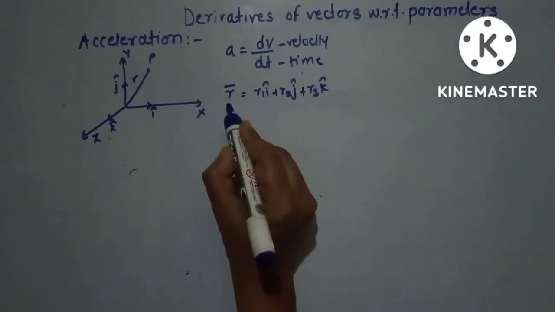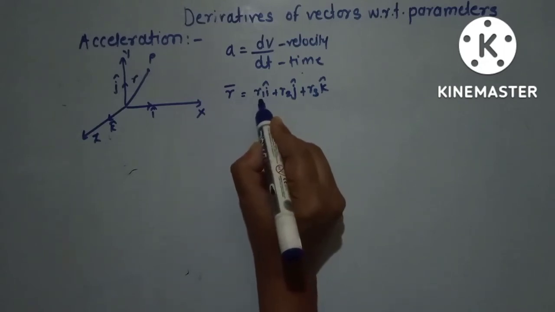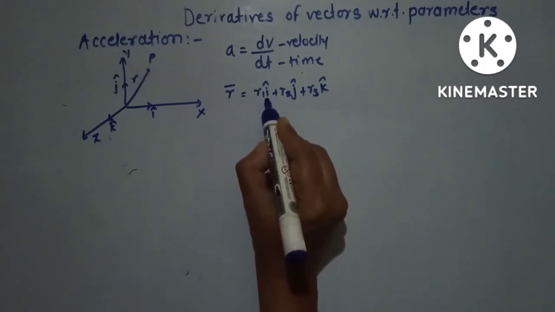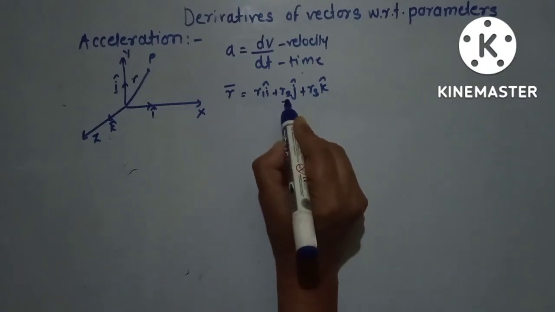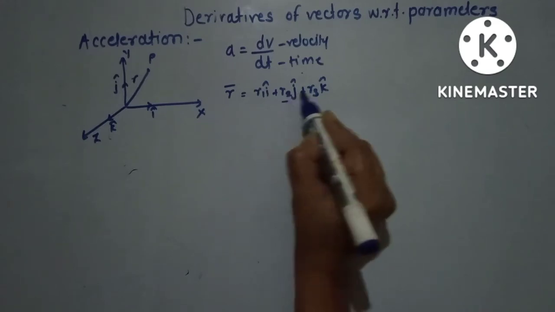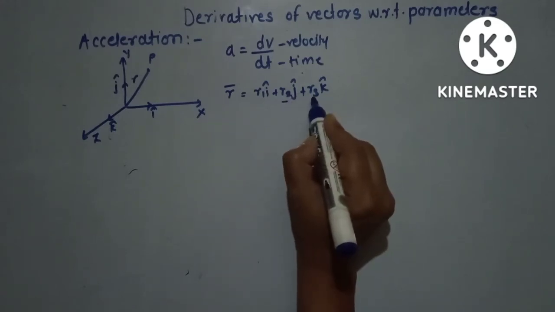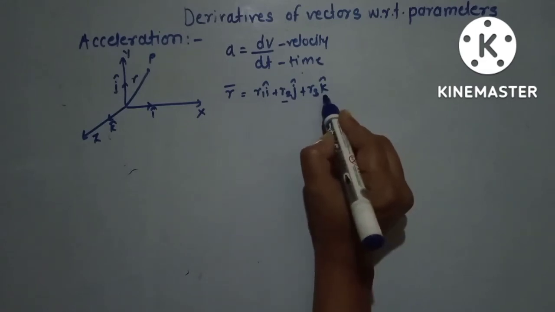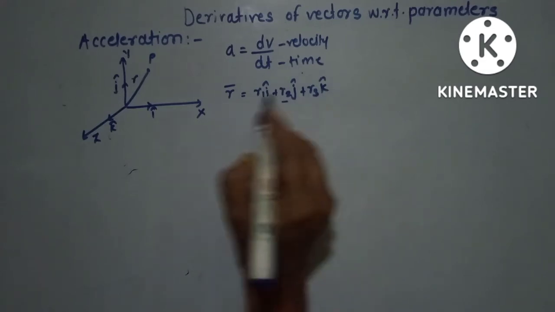So any vector in a three-dimensional coordinate system can be represented by its magnitude along the x-axis times the unit vector along the x-axis, plus the magnitude along the y-axis times the unit vector along the y-axis, plus the magnitude along the z-axis times the unit vector along the z-axis.